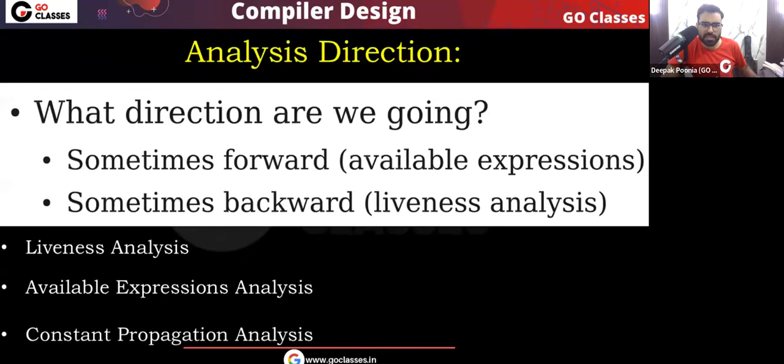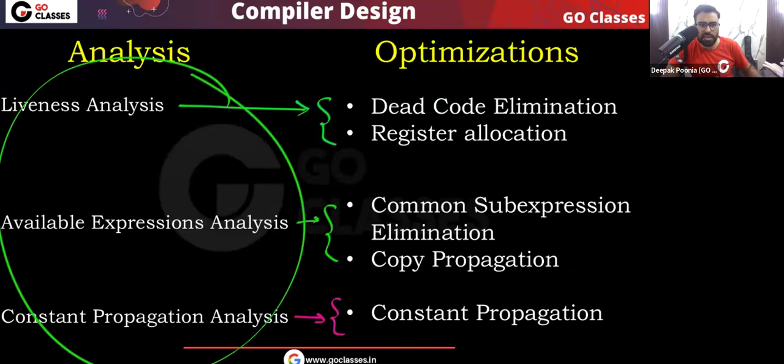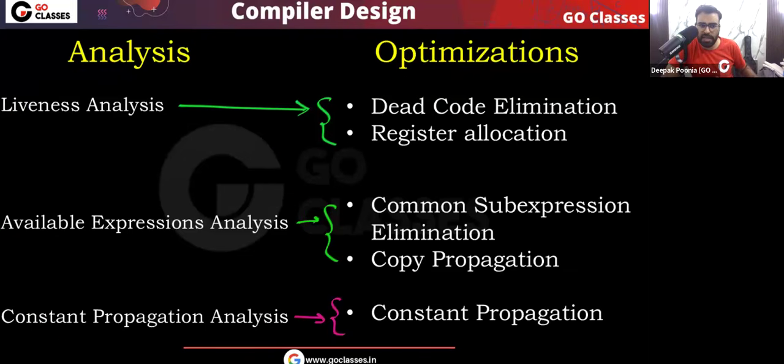Let's see one more point, that is analysis direction. In which direction do we perform the analysis? Different analyses we can perform in different directions. For example, when we perform the liveness analysis, we perform it in the reverse direction. Means we do not go in the forward direction, we go in the opposite direction.